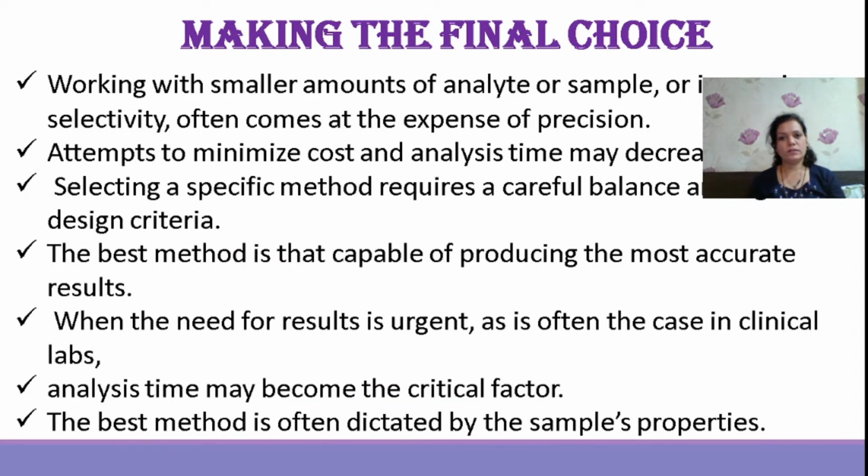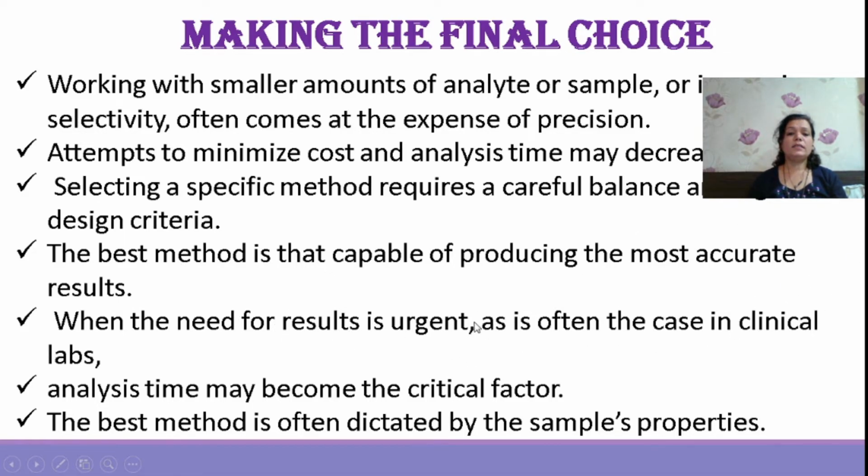So looking at all these factors, we need to make the final choice of the method where a small amount of the analyte can be analyzed with greater precision, the minimum cost is maintained and the analysis time is also decreased. Selecting a specific method with a careful balance between all these criteria makes your final choice the best method with more accurate results.